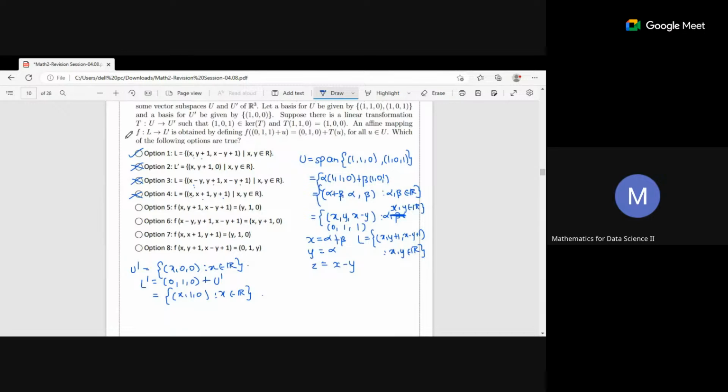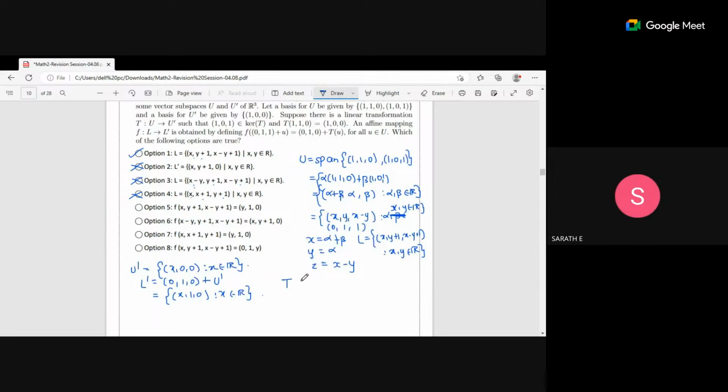Okay. An affine mapping f from L to L dash is obtained by defining f of (0, 1, 1) plus u as (0, 1, 0) plus T of u. Now, which of the following options are correct? First of all, what is the information given to you? You have (1, 0, 1) belongs to the kernel of T. What does that mean?